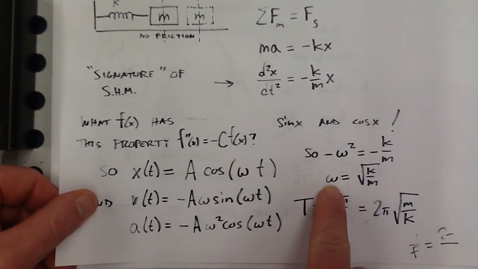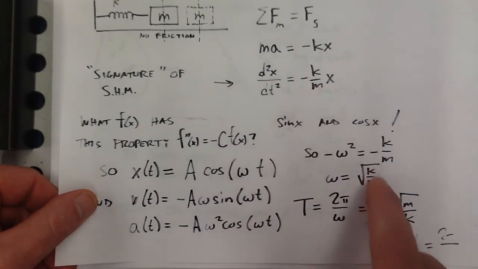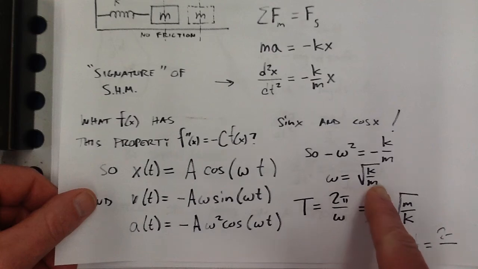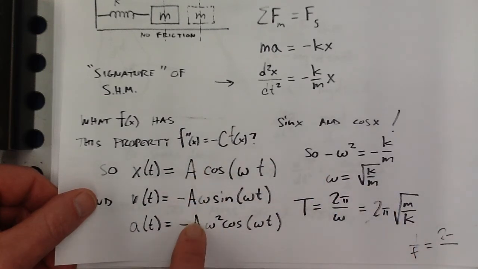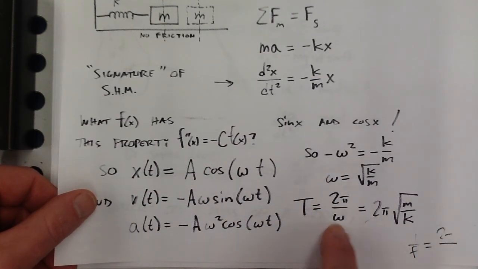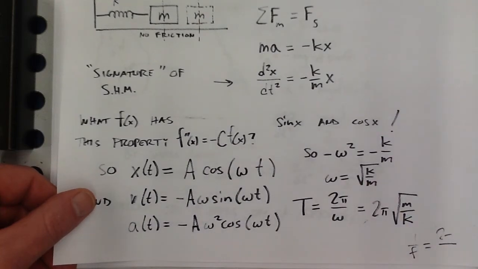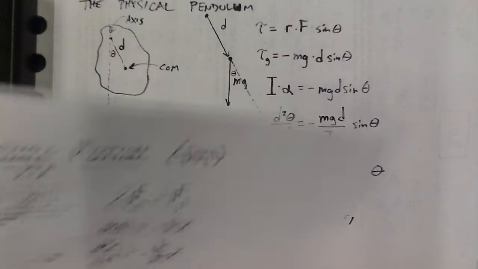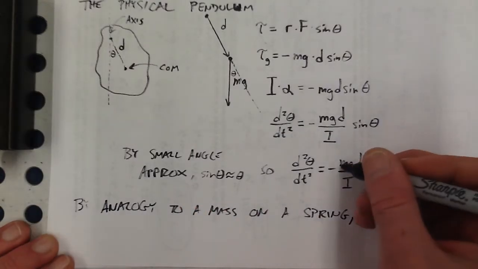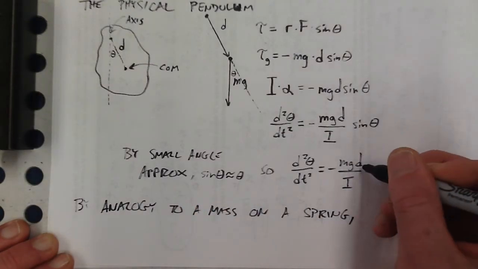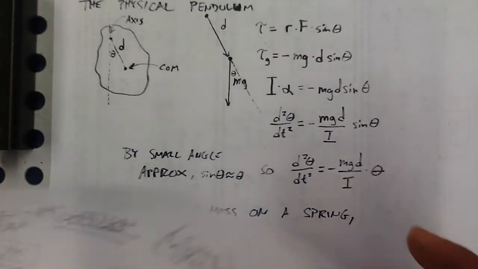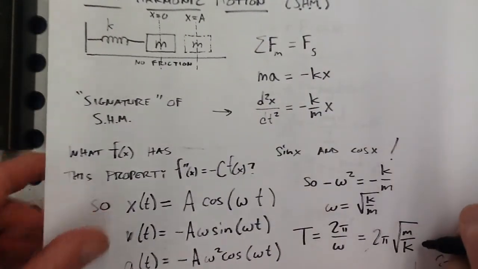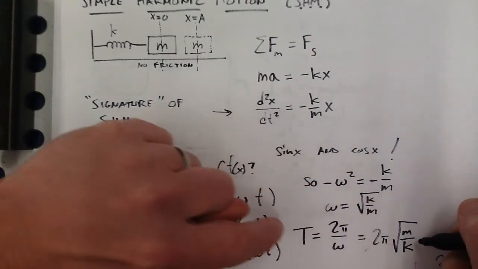the omega was equal to the square root of this, right? And then, of course, the period of a trig function is equal to 2 pi divided by omega, which is 2 pi times the reciprocal of that. So you can jump straight from this, this is the thing that's going to be underneath the square root sign upside down, just like this k over m ends up here in the period equation, right?